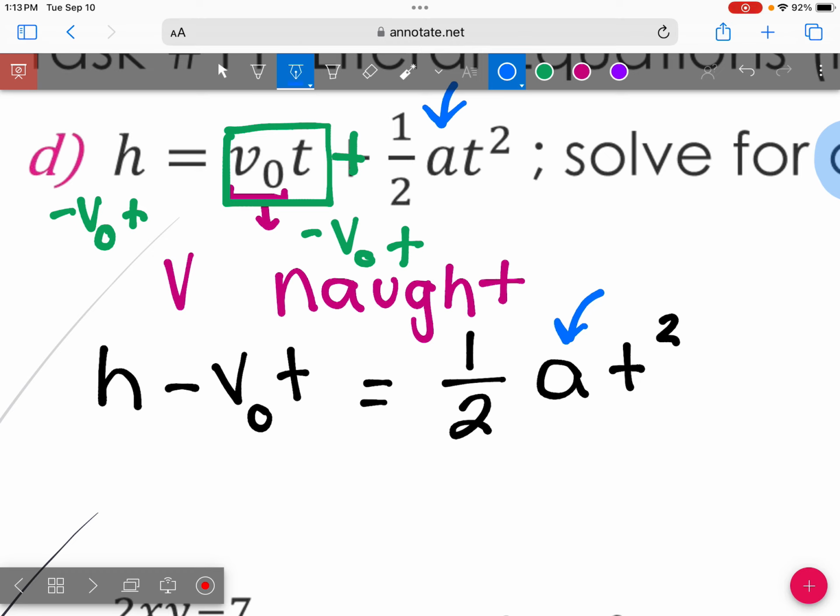I still want to get my A by itself. What should we do next? I have a couple options here, and just about all the things I see are about equally easy. What's up? A is not being squared. Only the T is being squared. Yeah. So you divide because it's been multiplied. Yeah. My A and T are being multiplied together, so we're going to divide.